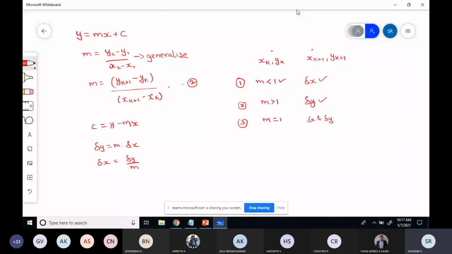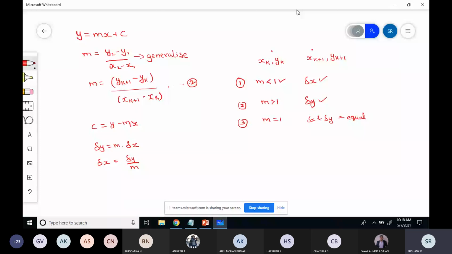So this is how the process is followed in the line generation, or the line drawing algorithm. Here the value of the slope will decide the changes.